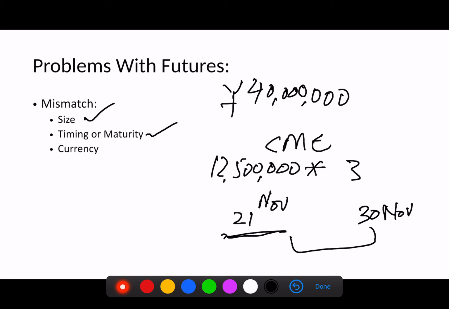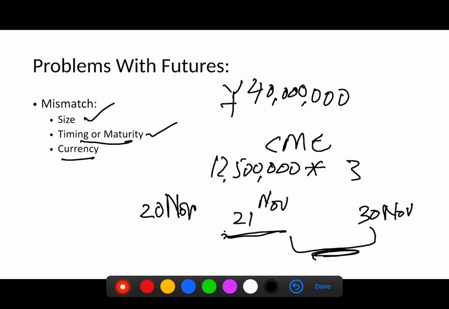And if you remain hedged until the 21st, and the transaction happens on 20th November, then you will still remain hedged in that case. Even if you are maybe paying for 1 extra day, that is actually a more desirable condition, but not the first one. So you need to consider the timing and maturity issue.